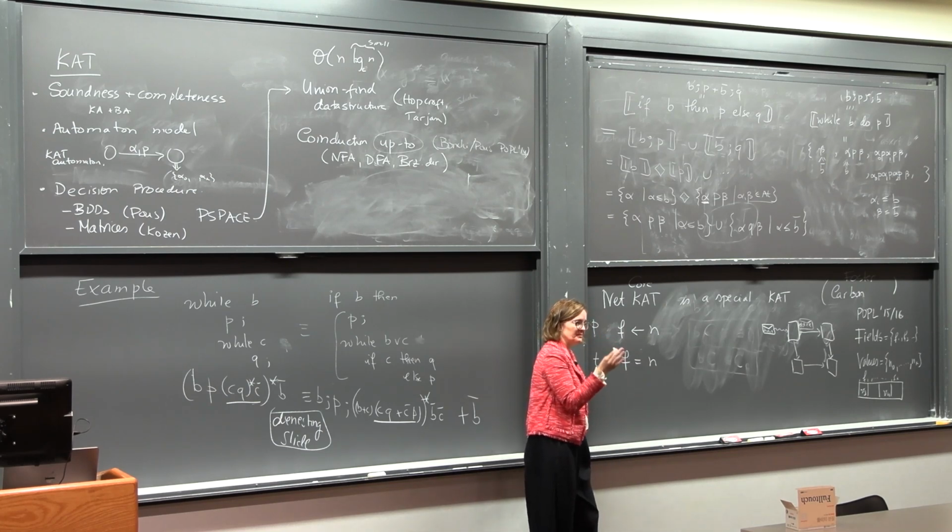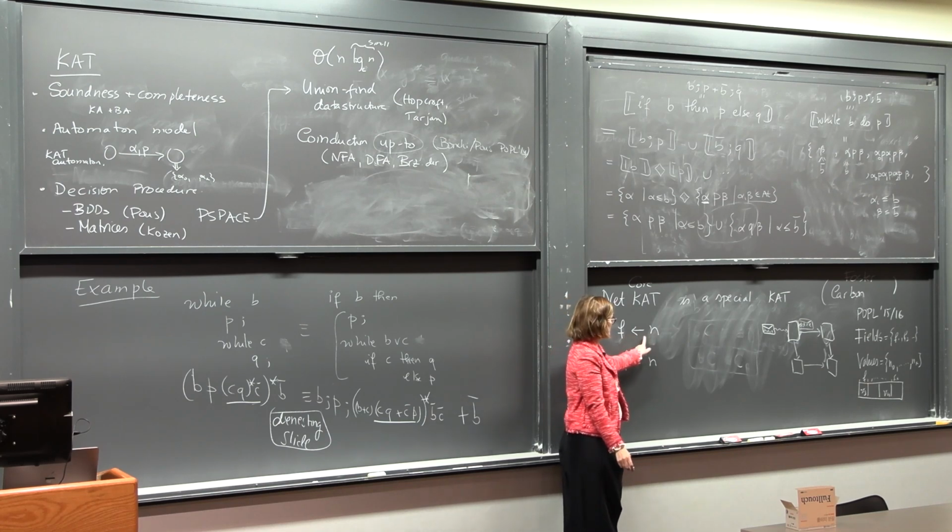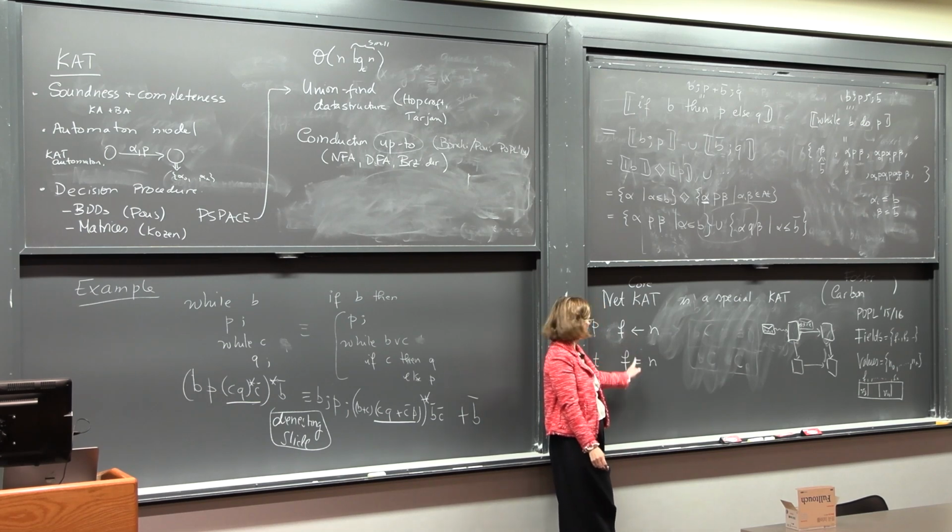They are interpreted in this world in which I have one packet. I have one packet for now. And this one packet can be transformed by changing the value of a field or by testing the value of a field.